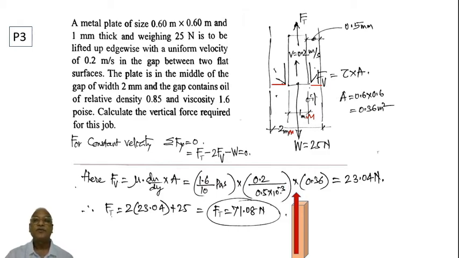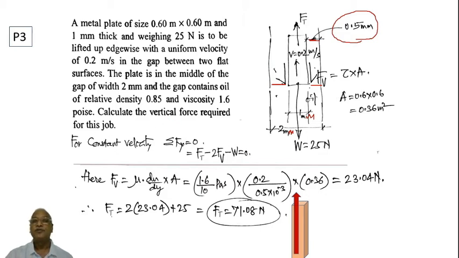So the oil film thickness becomes 0.5 mm, as I have shown here. Okay. Now the idea or the concept is to calculate the vertical force required to do this job.